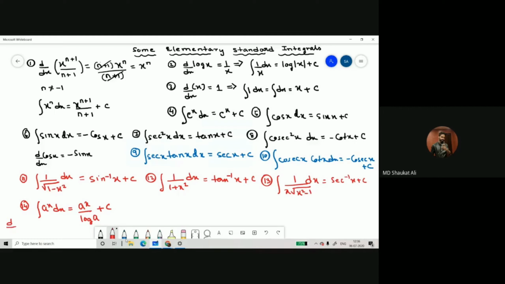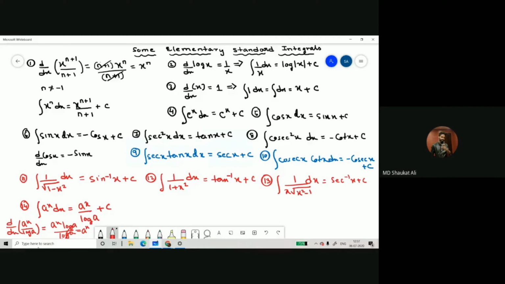If you differentiate d/dx of a to the power x by log a, we know d/dx of a to the power x is a to the power x log a, so by log a, d/dx of a to the power x by log a is nothing but a to the power x, which means integration of a to the power x dx will be a to the power x by log a plus c. Am I clear?